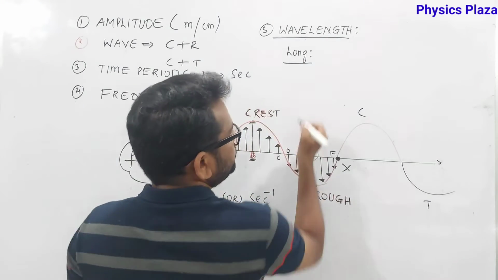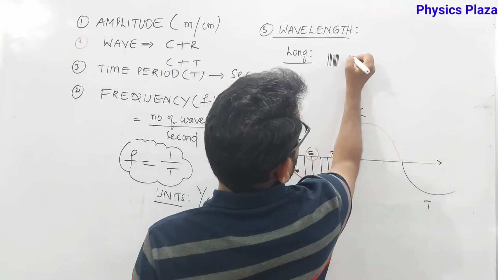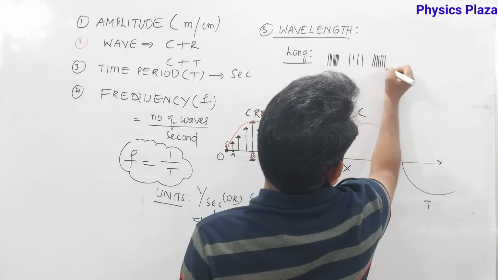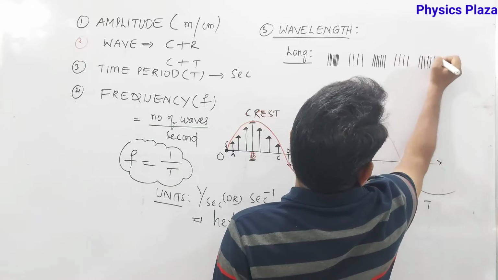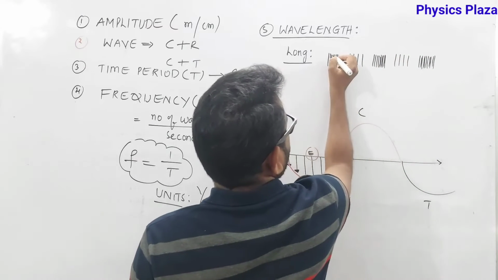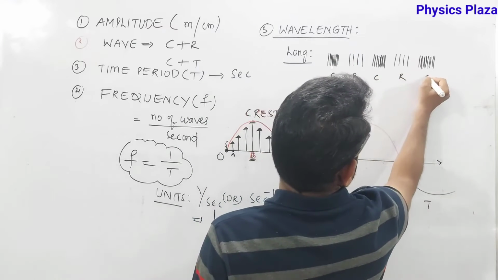Am I right? Yes. So compressions will be like this, where molecules, particles of the medium are very close, and here is rarefaction, again compression, again rarefaction, again here compression.